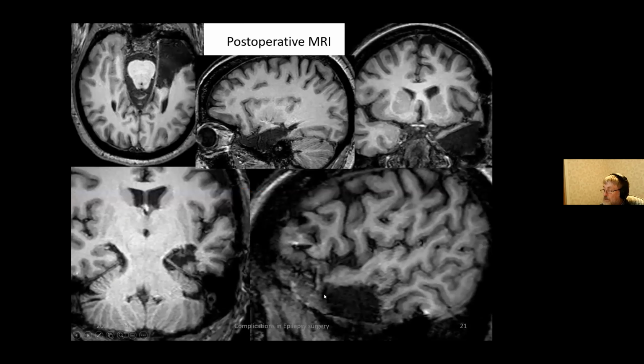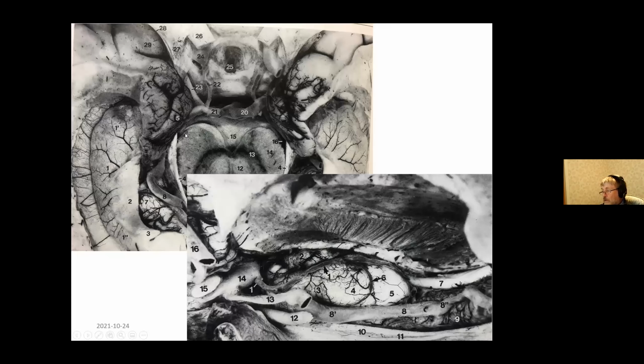I try to spare the dominant superior temporal gyrus. And as we all know, we have some structures in this region. We have the anterior choroidal artery, we have the cerebral peduncle, and we have the ambient cistern, which is very, very important.